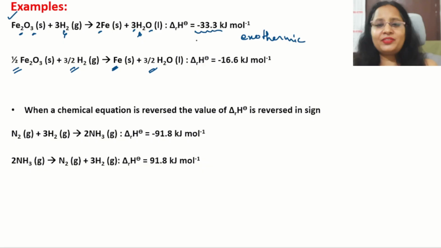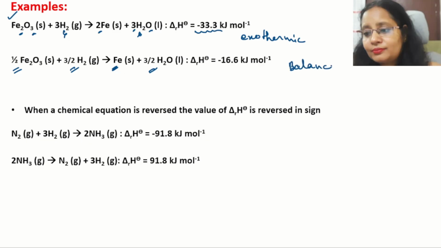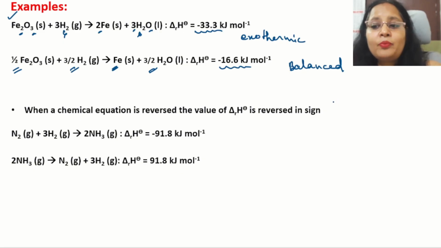When we check the whole reaction, it is balanced, but it is balanced differently. So some change should be there. You can see clearly that the delta RH value is different. It is minus 16.6 kilojoule per mole.